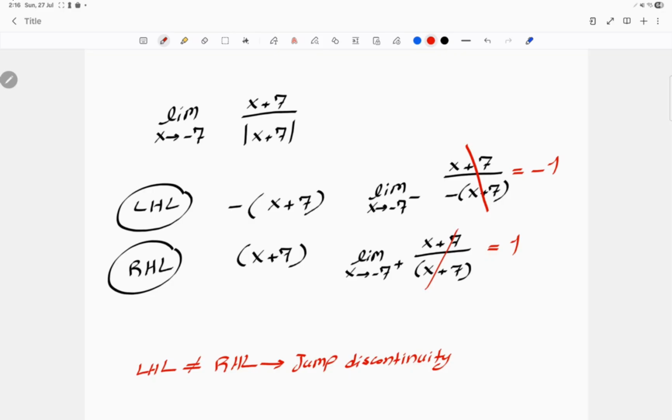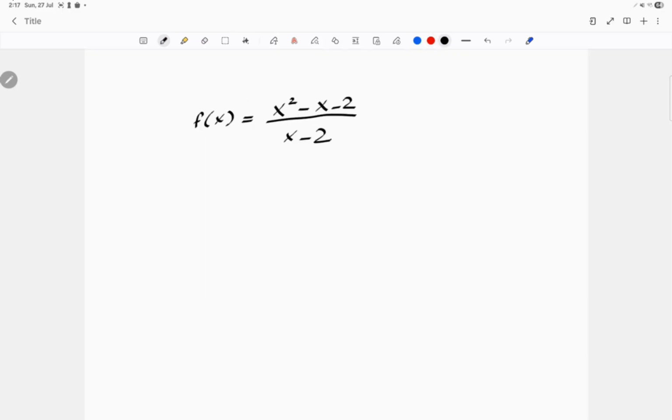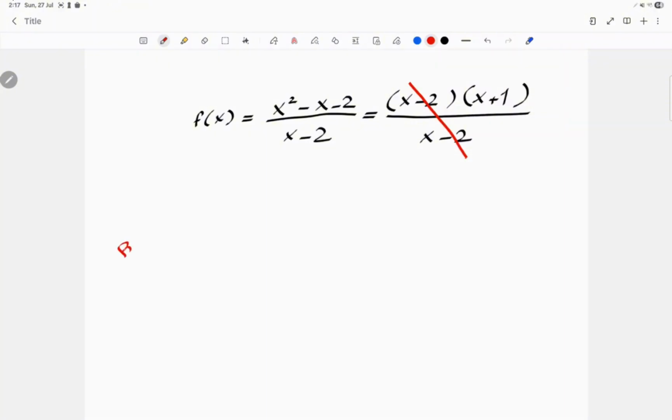How do we solve this one? Whenever you see a quadratic, what do you do? You factor. So please factor the numerator and let me know what you get. Very good. So what do we have right now? We removed it, right? At what x value?